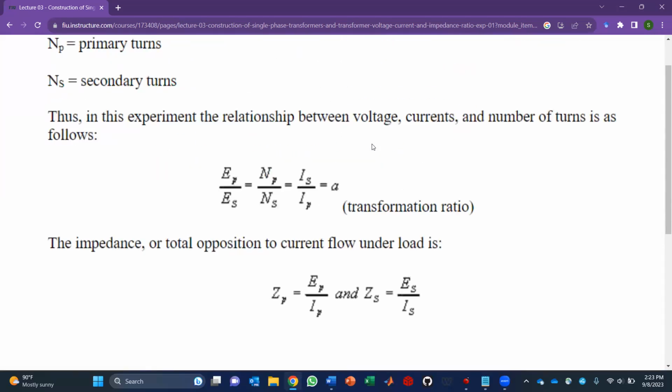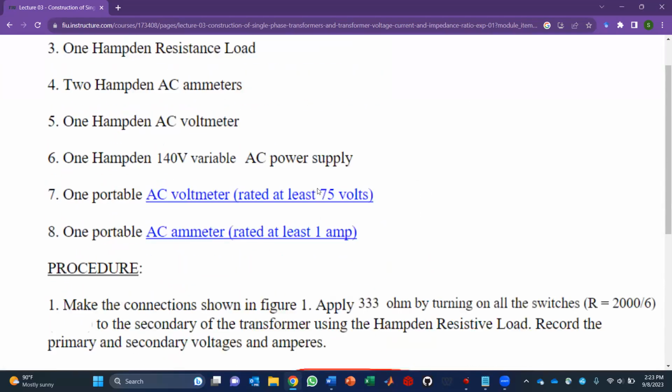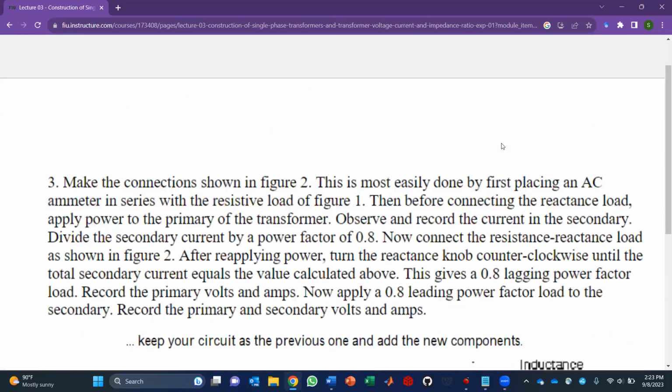And you will observe there are some dissimilarities between the values. It's supposed to be equal, but it is not, because I told you that there are some losses in the core, in the windings, and even the load side.